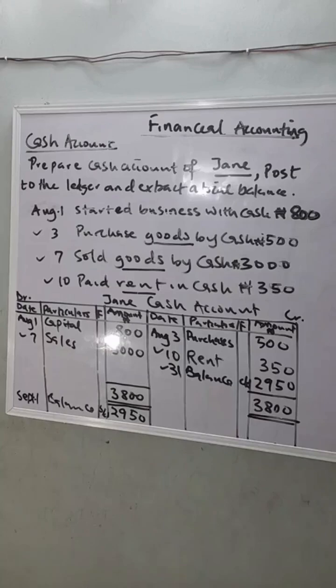From that cash book, I'm going to apply the principle of double entry in posting to the ledger and extracting the trial balance. Remember, double entry principle says for every debit entry, there must be a corresponding credit entry and vice versa.